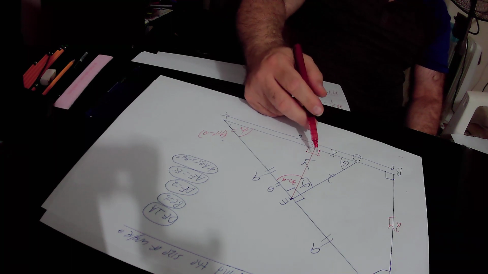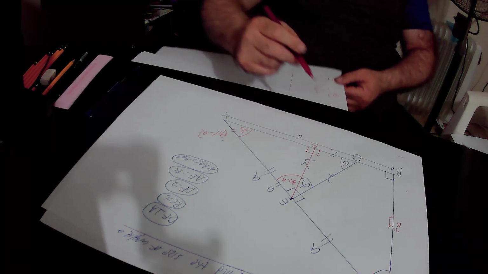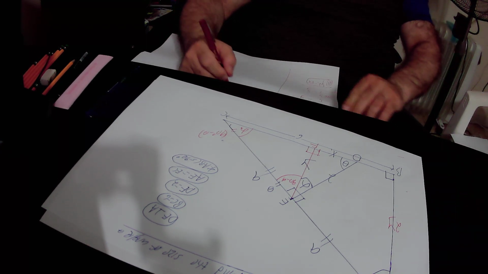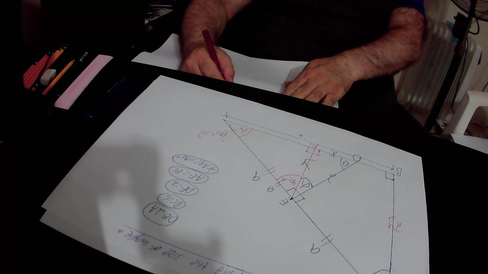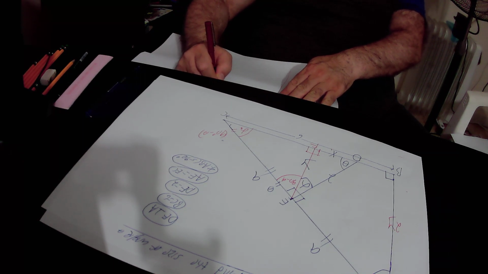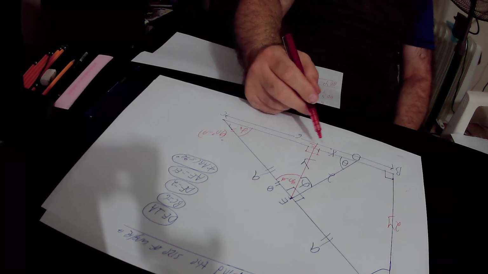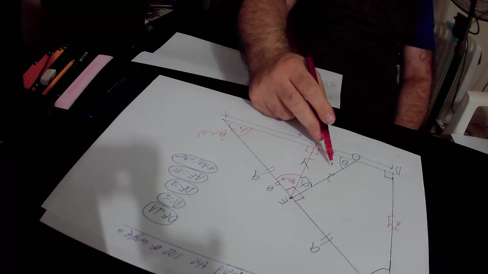If we focus on the right triangle EDF, it's very easy to see that according to the Pythagoras theorem, in this right triangle, we'll get that x squared plus y squared equals 2 squared.